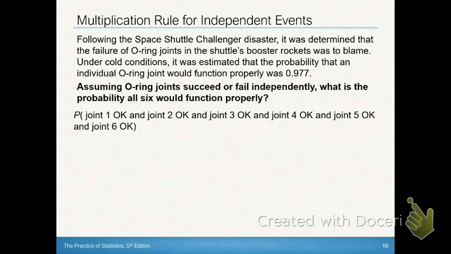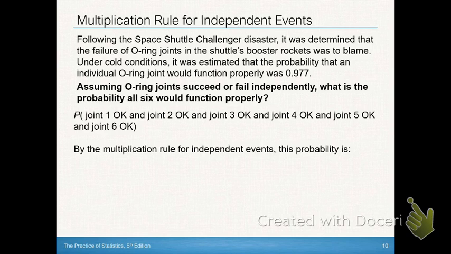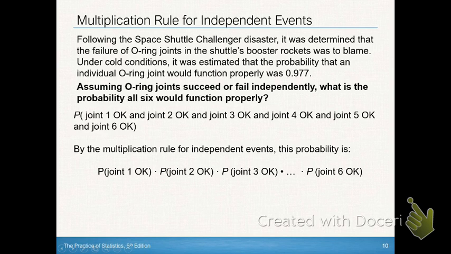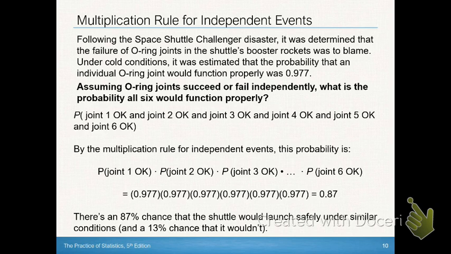Since this is an and problem, I'm going to be multiplying. And since the probability that they do function properly is 97.7%, they're all going to be that value. Now I could shorten this by writing 0.977 to the 6th power. That would save a little bit of writing. So there's an 87% chance that I picked 6 of these O-rings and they all work appropriately.